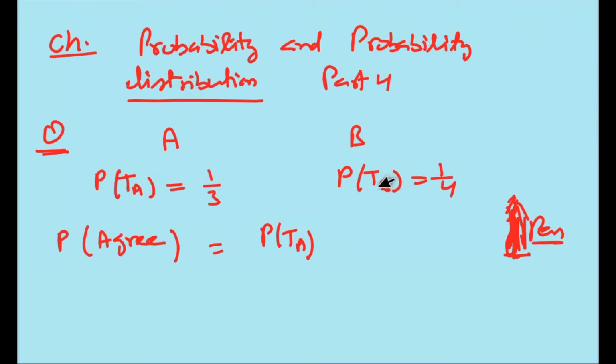If B agrees, then he also says true that yes, it is a pen. Both are saying true for agreement.